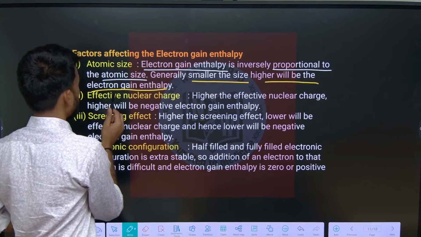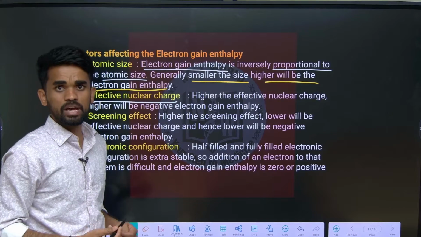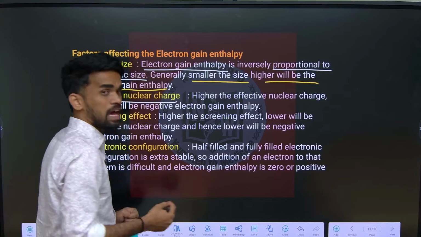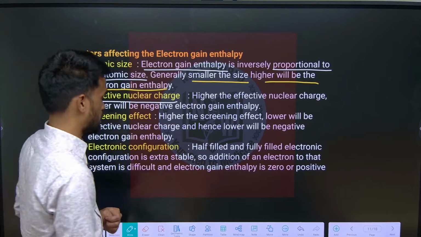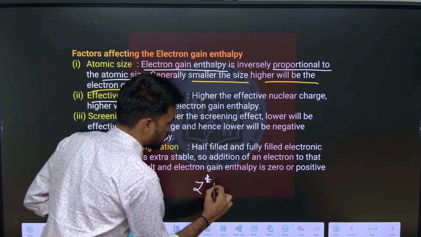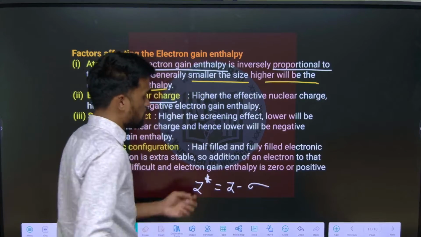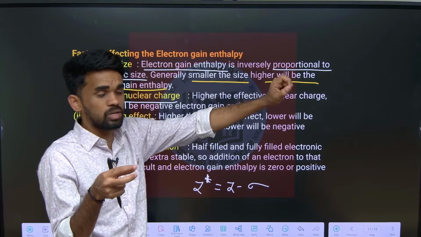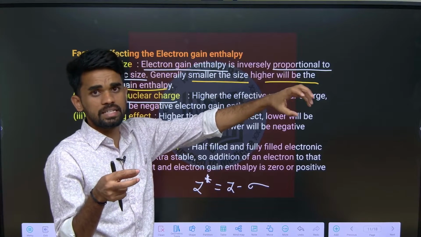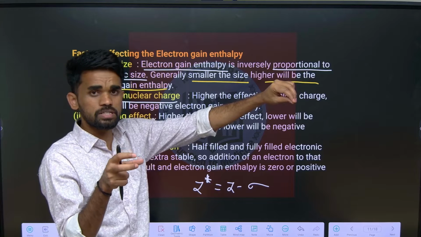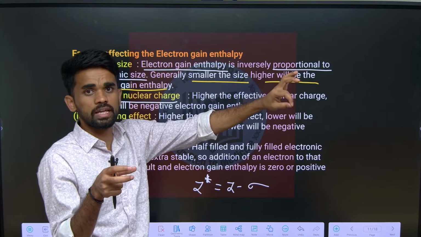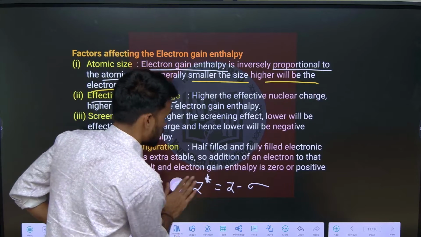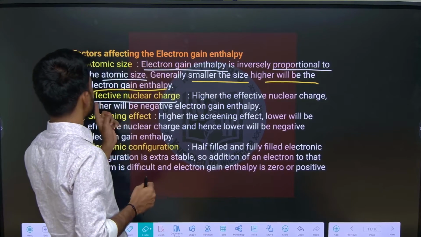Then next, effective nuclear charge. What do we mean by effective nuclear charge? Here we will be calculating Z effective, using Slater's rule, as Z minus sigma. It is how much nuclear charge is acting on one particular electron under our test, and that can be considered the effective nuclear charge.